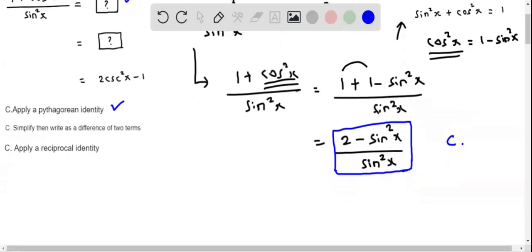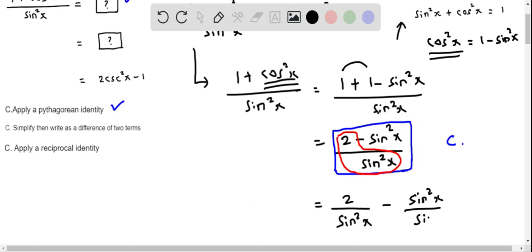Now let's continue. Now I'm going to rewrite this expression as a difference of two terms. That is, we can combine this 2 with this denominator expression, and the sin squared x can also be written over sin squared x. So I'm going to write this as 2 over sin squared x minus sin squared x over sin squared x.